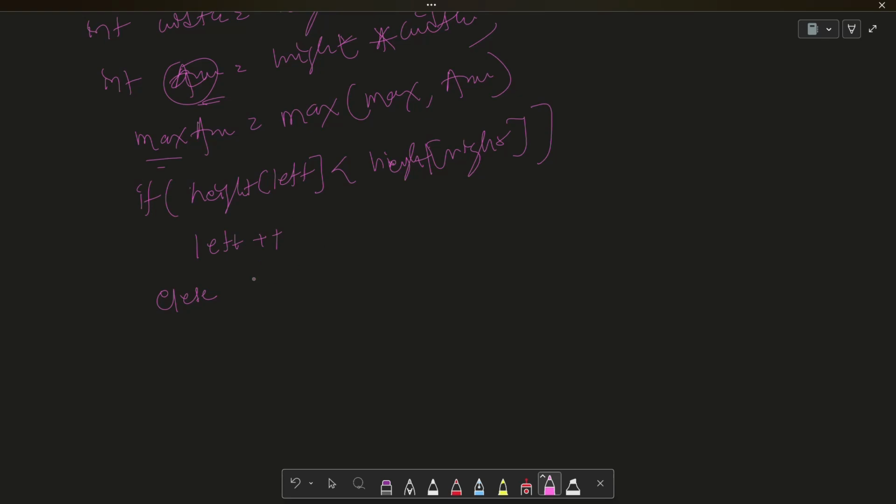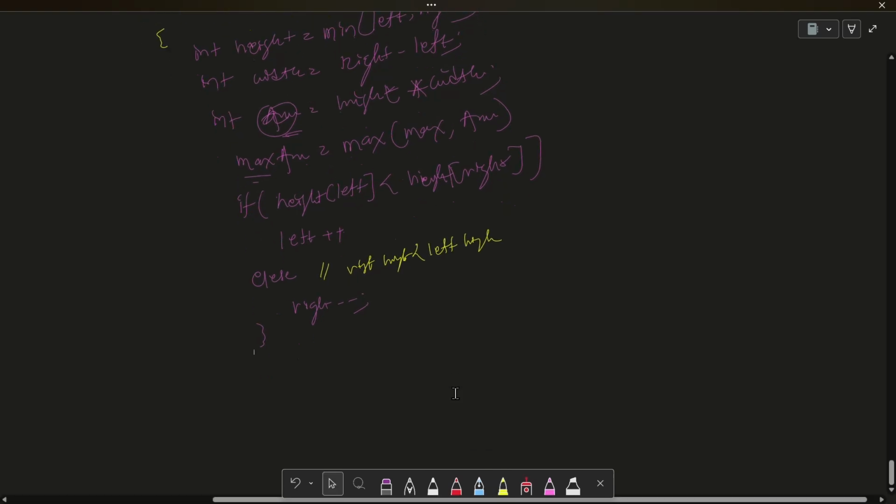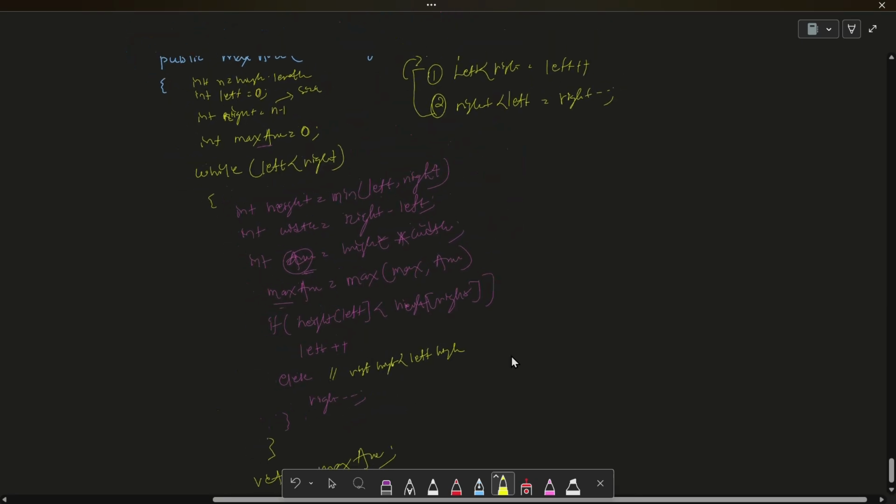Else means right height is less than left height. When the right height is less, we are going to move the right one, right minus minus. In the end, we'll just return the maximum area that we have declared. So this is our solution for this particular question.